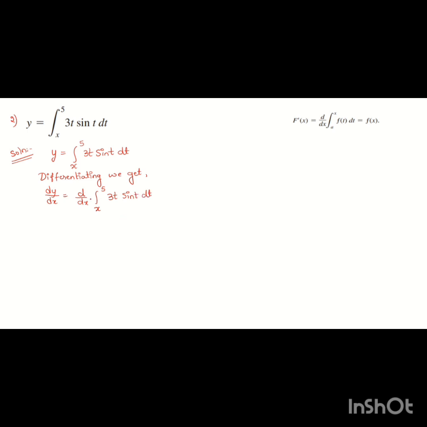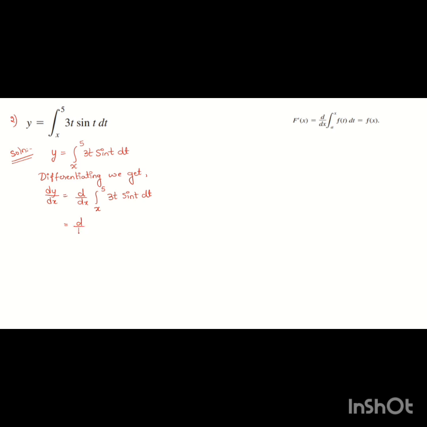Before we apply the formula, we need to check whether whatever we have here is in the required form. This is the formula here: d/dx of the integral from a to x. But here you can see x is at the top and we have 5 at the bottom, so that should be reversed. We can reverse that by multiplying by a minus sign.